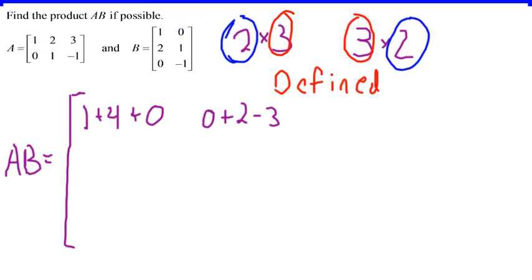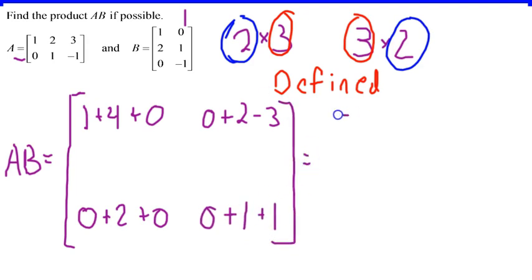Now we're going to go to row 2, multiply by column 1. 0 times 1 gives us 0, plus 1 times 2 gives us 2, plus negative 1 times 0 would be 0. Finally, we're going to find our last entry. Row 2 times column 2: 0 times 0 gives us 0, plus 1 times 1 is 1, plus negative 1 times negative 1 gives us a positive 1 as well.